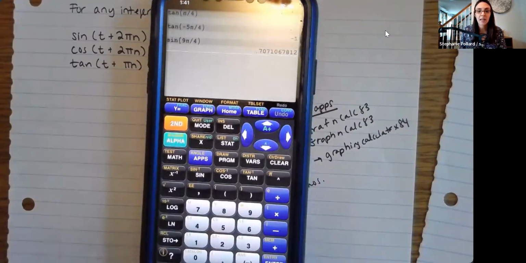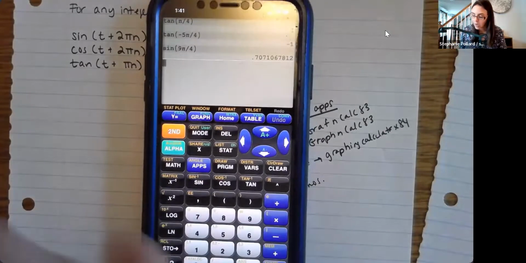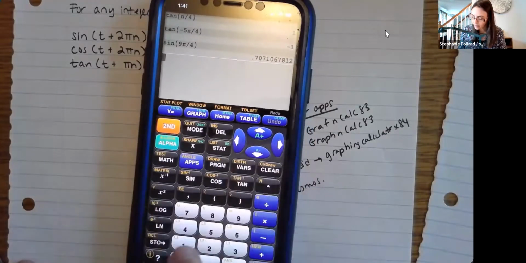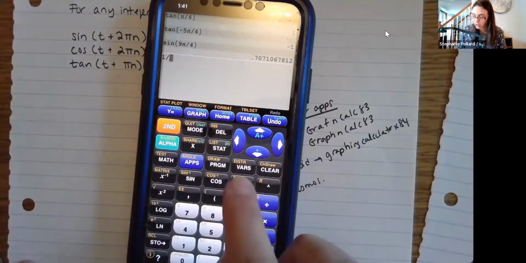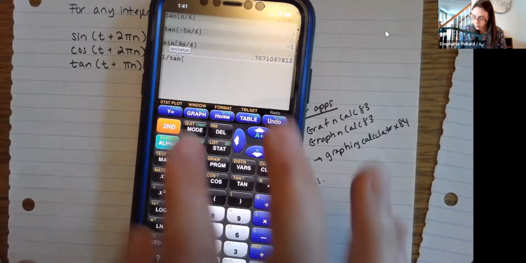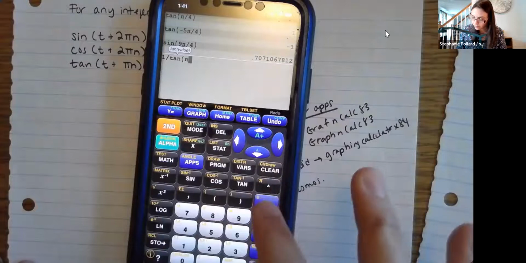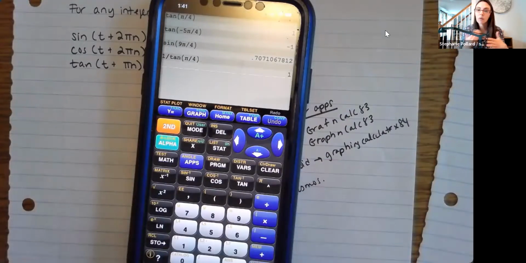If I want something else, like cotangent, I would probably use 1 divided by the tangent, and we'll just do pi over 4. So you would want to use your reciprocal rules there to accommodate using the calculator. It's not the inverses.